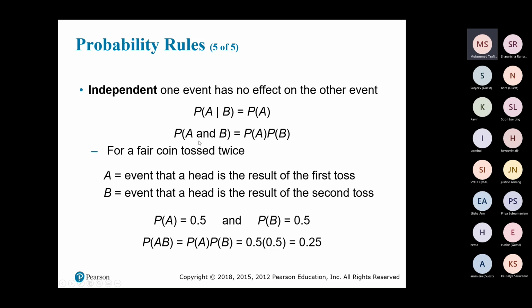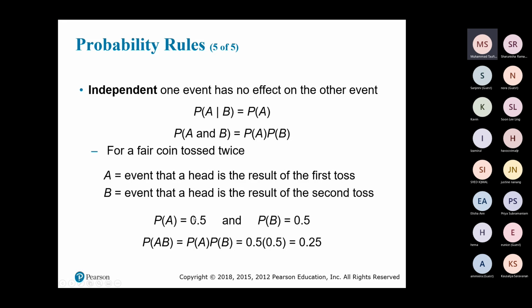And then if you are looking for probability of event A and B happening together, you just multiply probability of event A and probability of event B. So these are the examples.